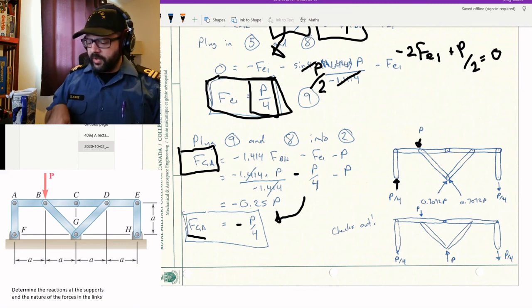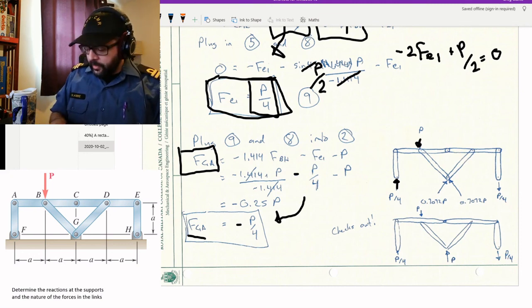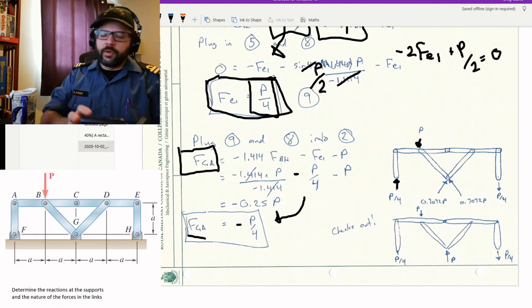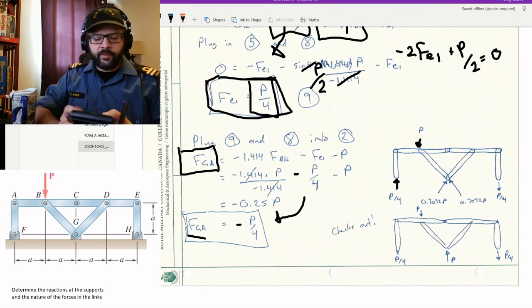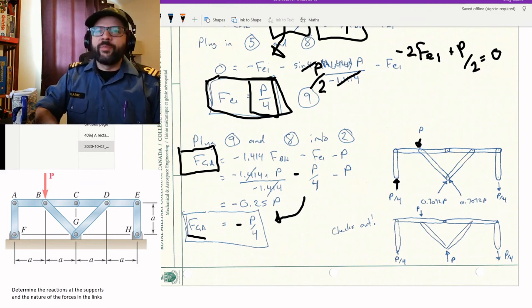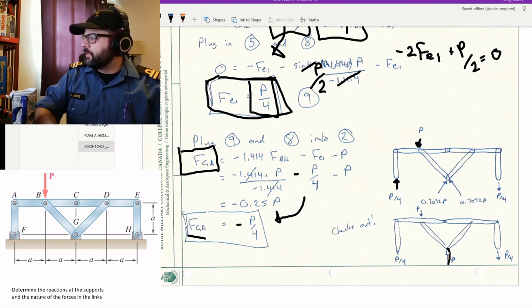For each of those, it's 0.7072 times sine 45. Hey, look, that's 0.5 P. Each of these contributes a 0.5 P vertical component to supporting this frame. So the resultant of those two forces is just going to be a P acting in the middle there.